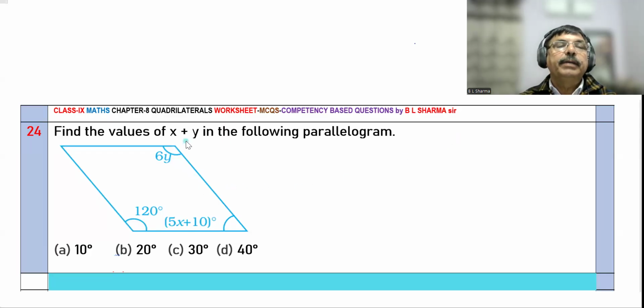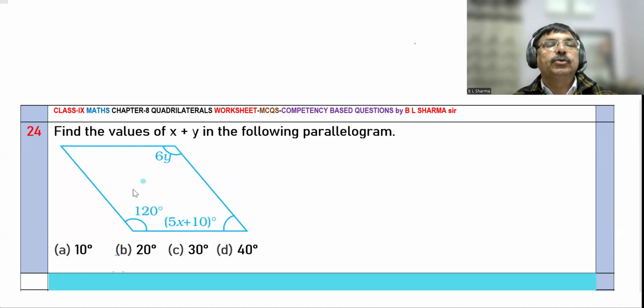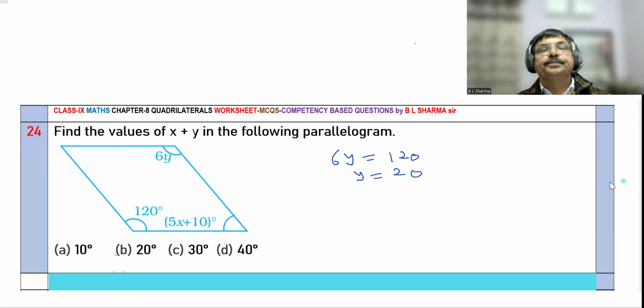It is a parallelogram, and what is the value of x plus y? We know opposite angles of a parallelogram are equal, so 6y is equal to 120 degrees. So y is 120 by 6, that is 20. Again, we know that the sum of two consecutive interior angles of a parallelogram is 180 degrees.